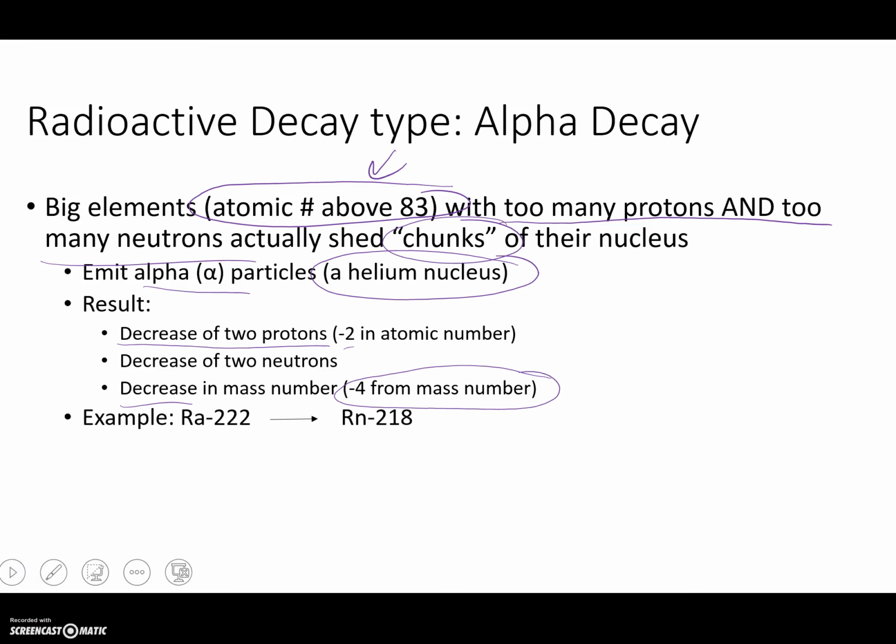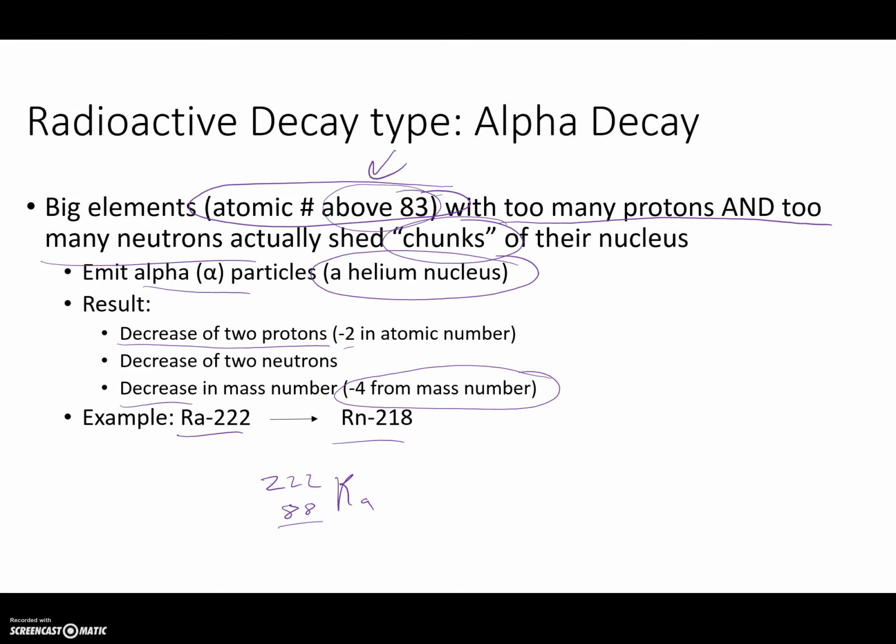All right, so an example here would be radium-222, which is radioactive, becoming radon-218. All right, so radium-222 would look like this, 222, and it has an atomic number of 88. All right, so what's going to happen is this is just too big. The atomic number is 88. It's above 83 in that case, right?